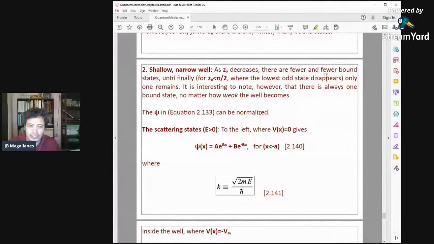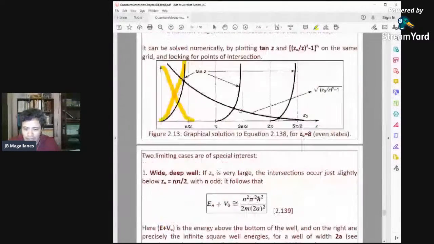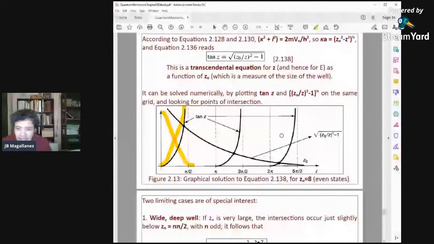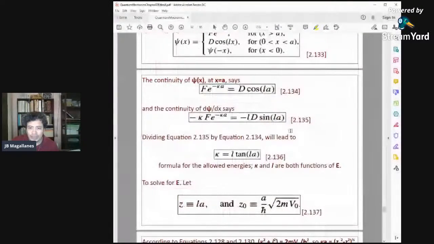There are fewer and fewer intersections until finally, for Z0 less than pi over 2, which is in this region, the lowest odd state disappears, only one state remains, and that state will have the energy equal to this.